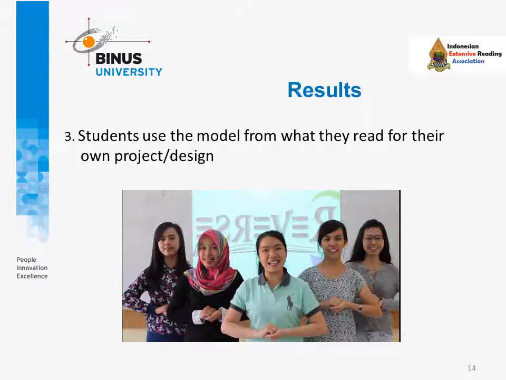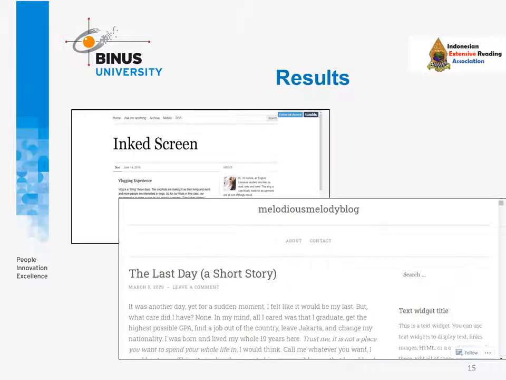And finally, these students use the model from what they read for their own project design. They make a business video promoting their project, promoting their product, and they also write about the experiences in their life. And here are a couple of entries in the blogs that they have written.